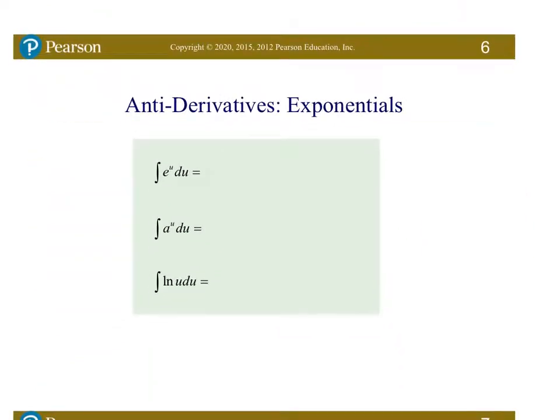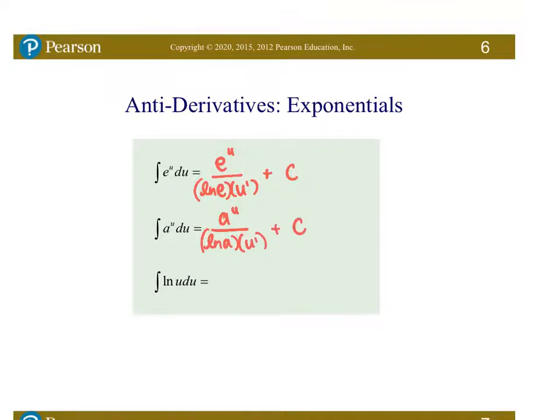Exponential functions: e to the u, its antiderivative would be e to the u divided by the natural log of e and followed by u prime plus c. A to the u would be a to the u divided by the natural log of a and u prime plus c.